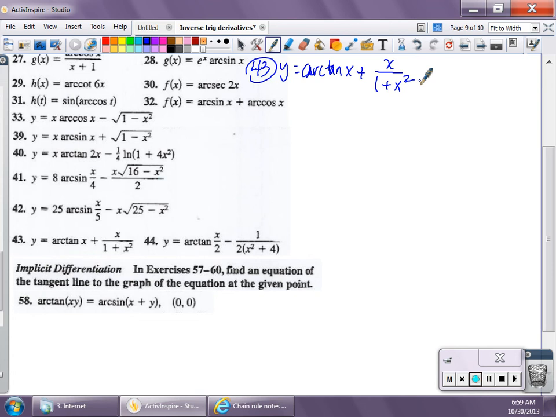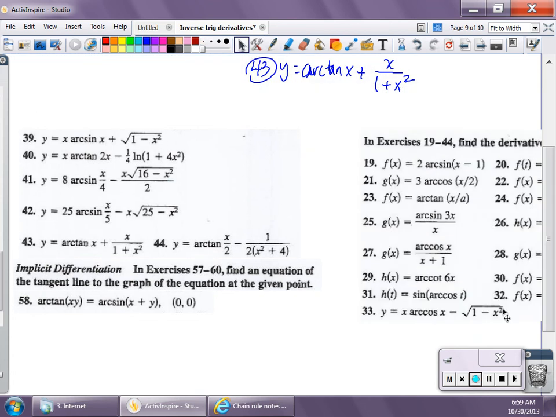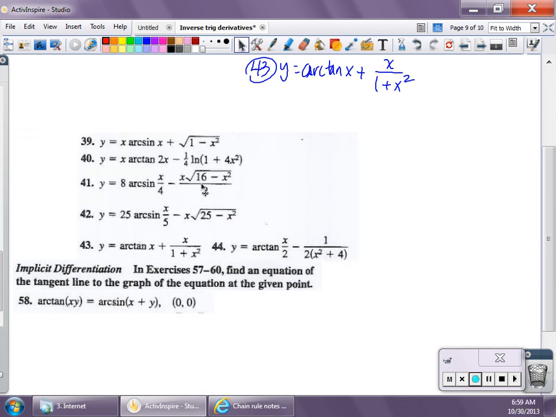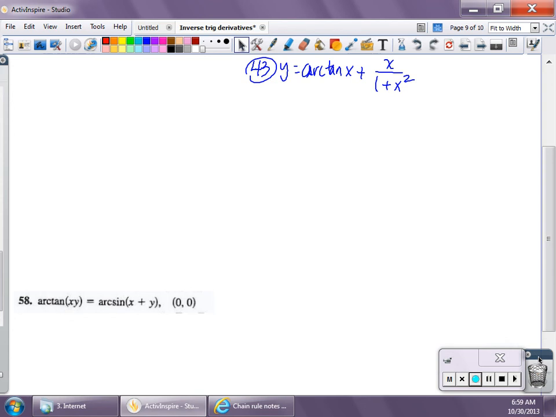Alright, so I'm going to move this stuff out of my way eventually. Alright. So when I find the derivative here, the derivative of arctan is u prime, so 1 over 1 plus x squared.